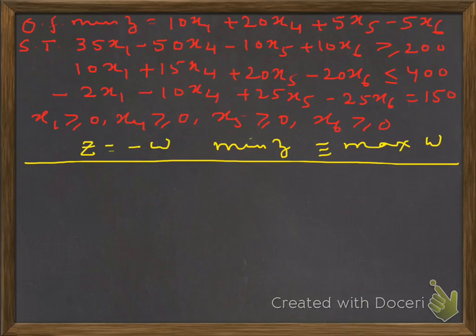So we do this here. Our objective function now becomes maximize w, which is equal to minus 10x1 minus 20x4 minus 5x5 plus 5x6.